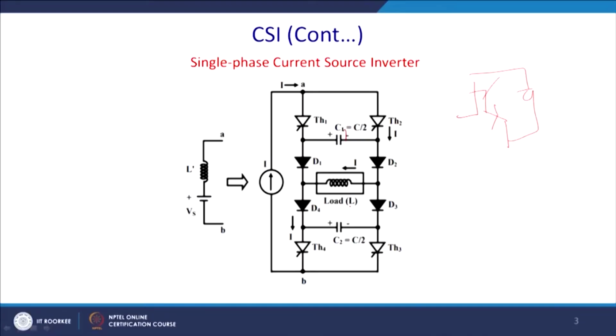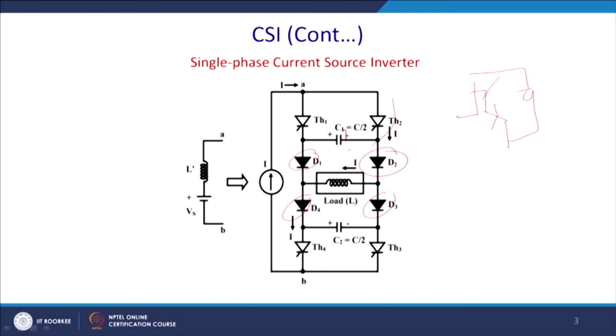But here we require a unidirectional current flow, and this diode will ensure that unidirectional current flow is achieved.